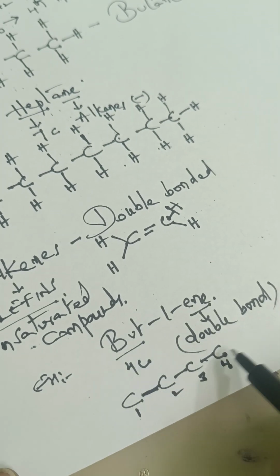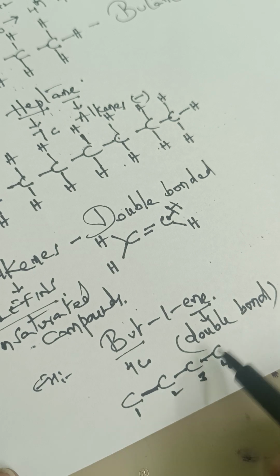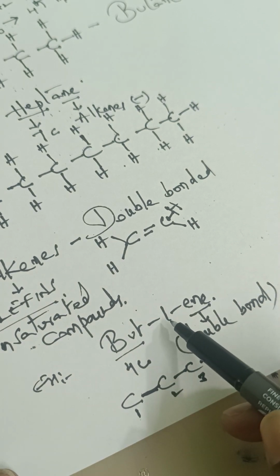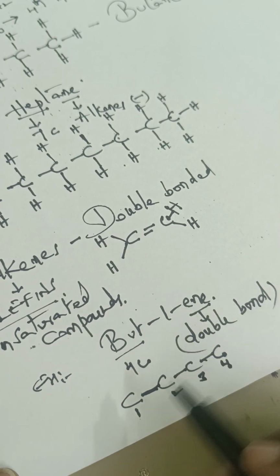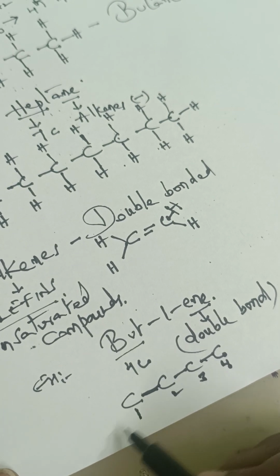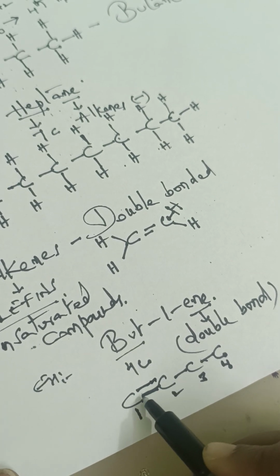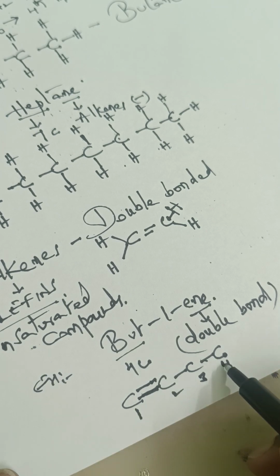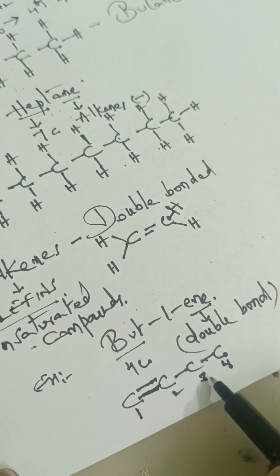We have taken the parent chain, 4 carbons. At first carbon, there is a double bond. So here I will place the double bond.